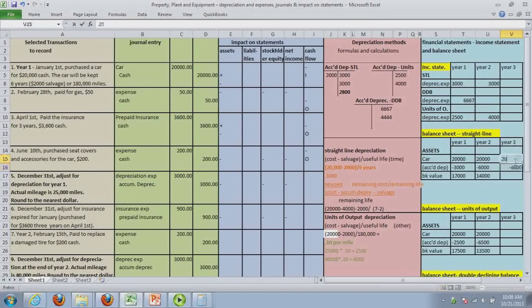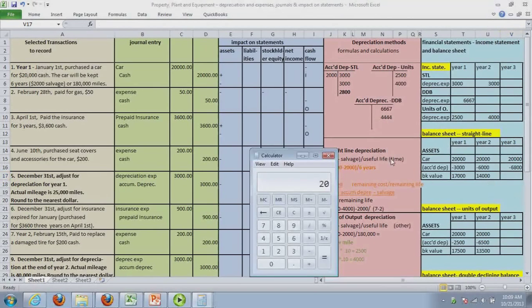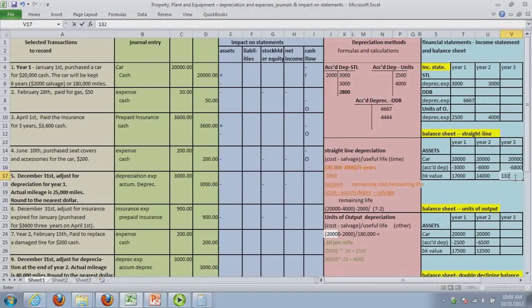And that's different than the pattern would have been, had we just depreciated it with straight line. So we actually have what? Minus 6,800, 13,200. But if you look at this, we have the extra year of depreciation, but there's not as much depreciation taken.